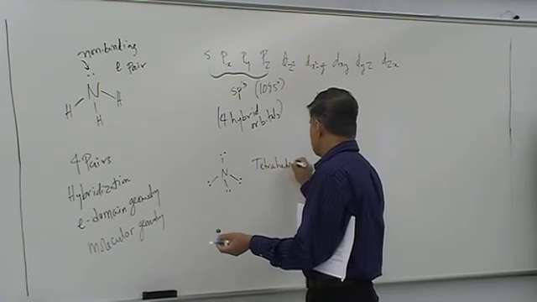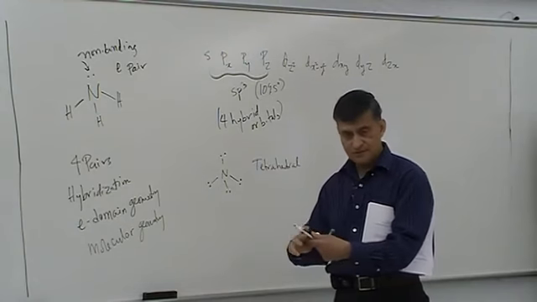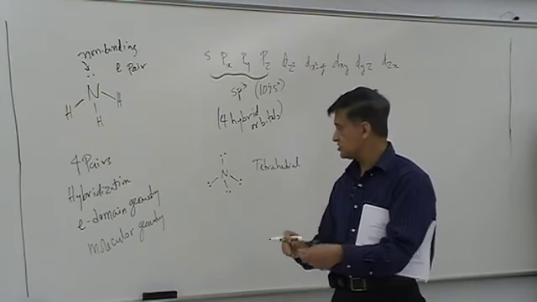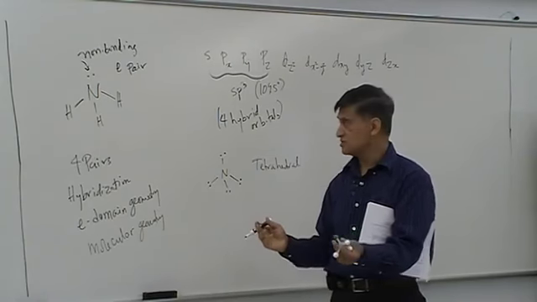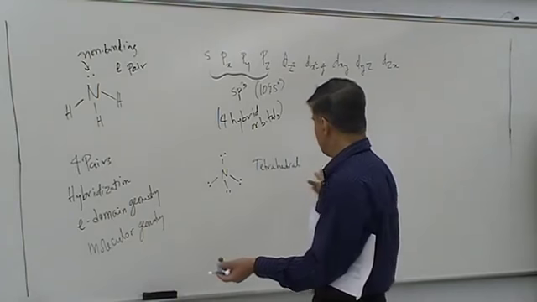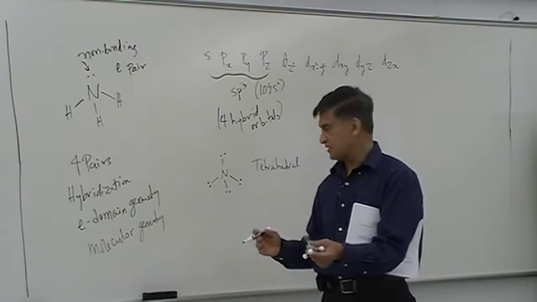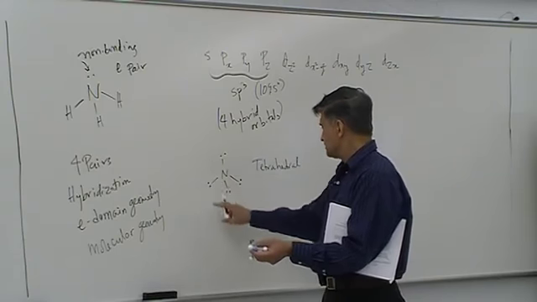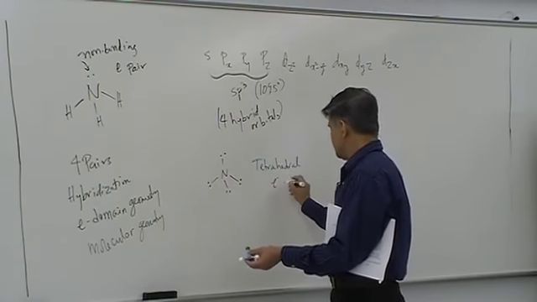You need to know the names of these shapes. It's given in a table in this chapter, so make sure you remember those shapes. Just for example, 2 pairs of electrons is going to be linear, 3 pairs trigonal planar, 4 pairs tetrahedral, and 5 pairs would be trigonal bipyramidal. So this is going to be tetrahedral electron domain geometry, or electron pair geometry.